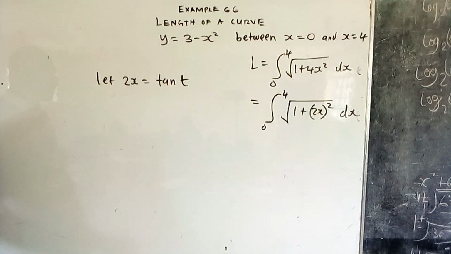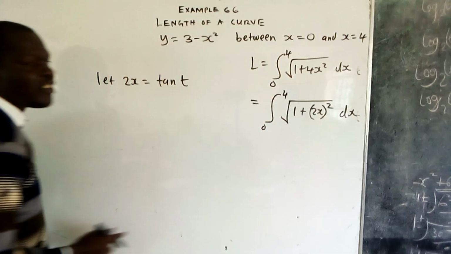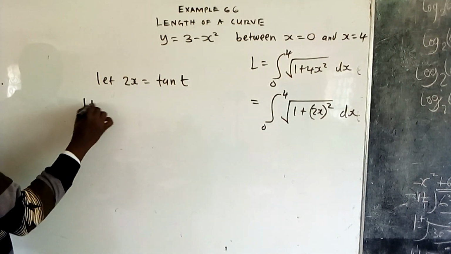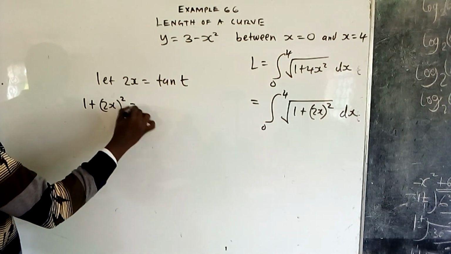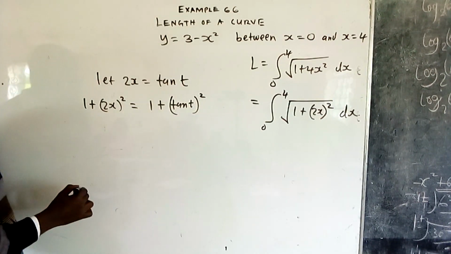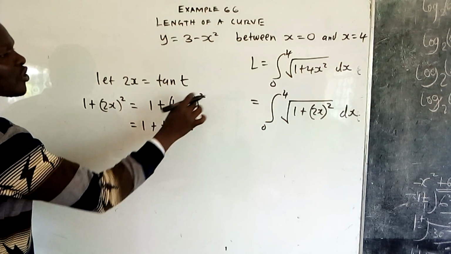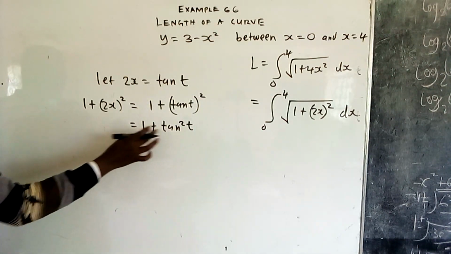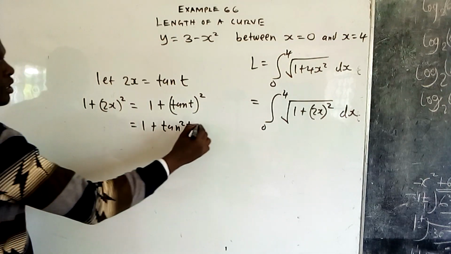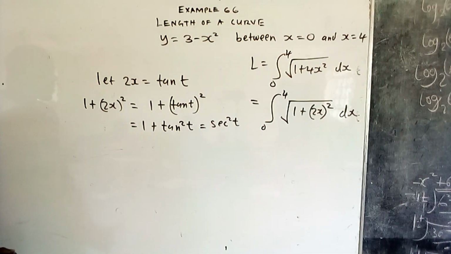You let what is inside this bracket, 2x, be tan t, so 1 plus (2x) squared is just 1 plus tan squared t. What is 1 plus tan squared t? That is sec squared t.